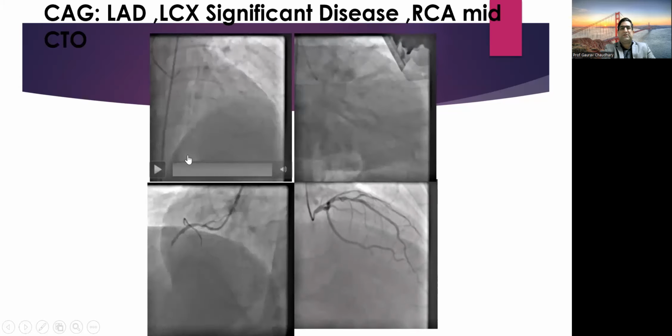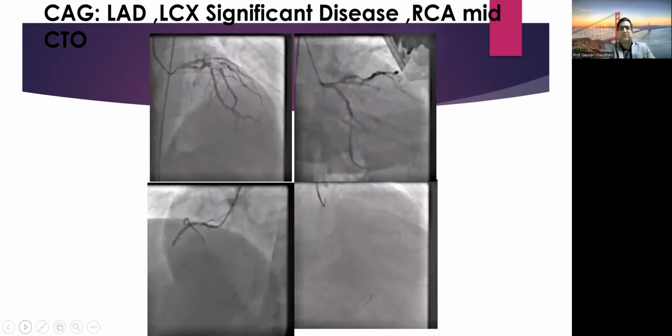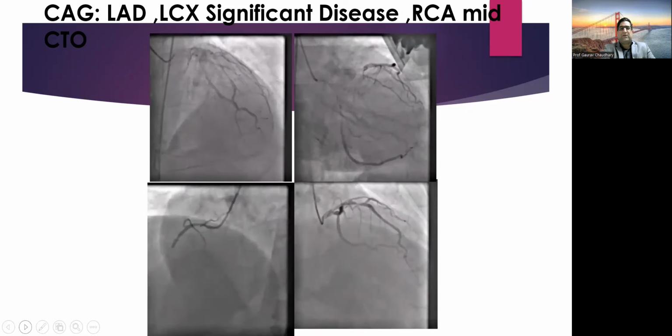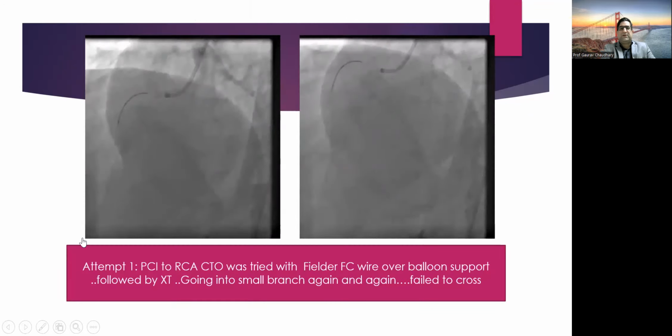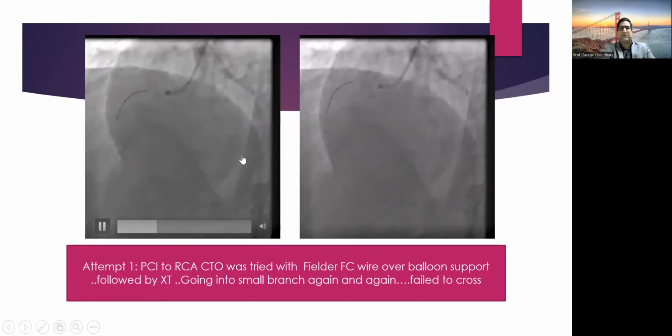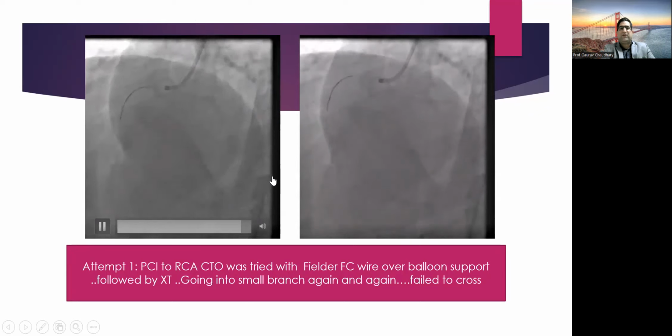This is the angiogram. We can appreciate that he has disease in the LAD, circumflex, and an RCA CTO. The segment looks short. In this case, the RCA CTO was first tried with a Fielder FC wire over balloon support, followed by Fielder XT.